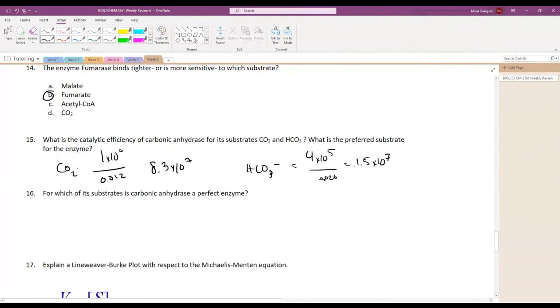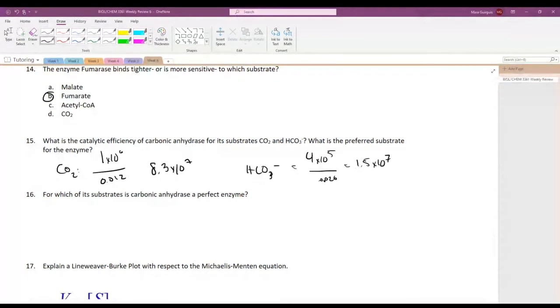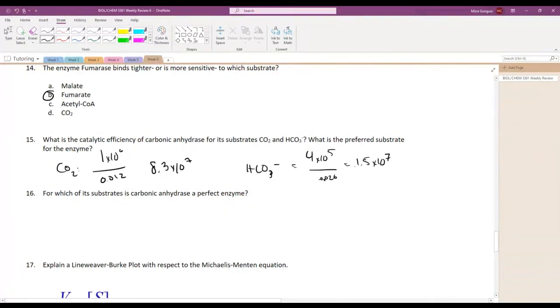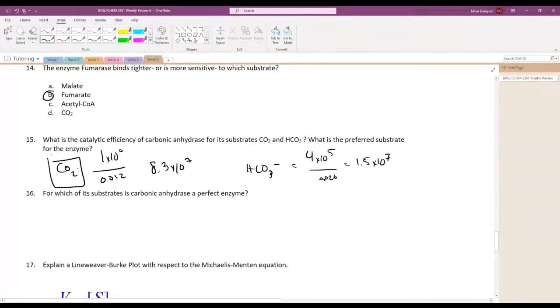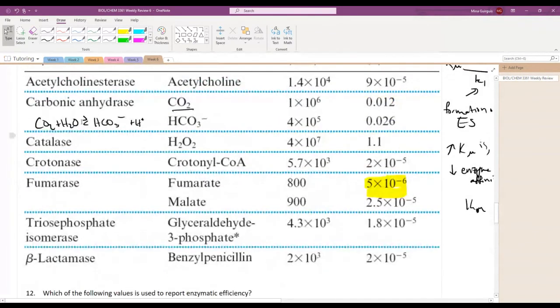So the numbers we're trying to calculate, oh, that's the next question. Great job. You beat me to it. So the numbers are relatively close to each other, but it's very clear that CO2 is just such a better substrate for carbonic anhydrase. And that tells us a lot, right? Because remember, looking back at this, these two are in equilibrium with each other, CO2 and bicarbonate.